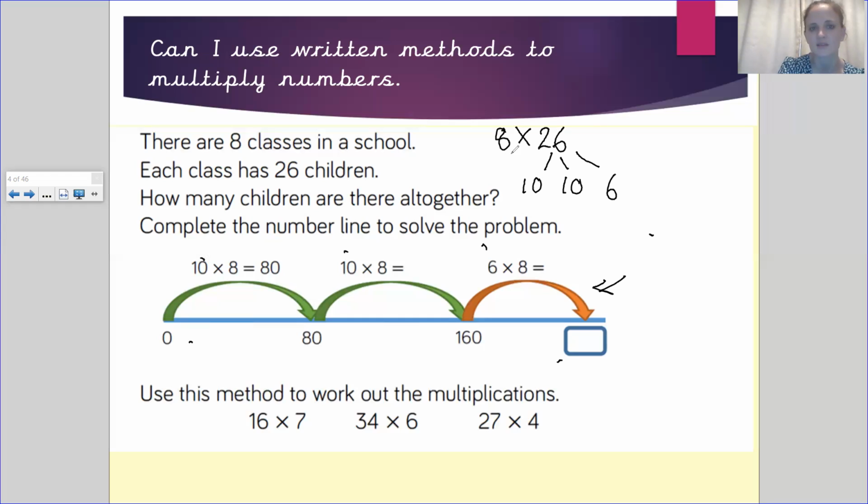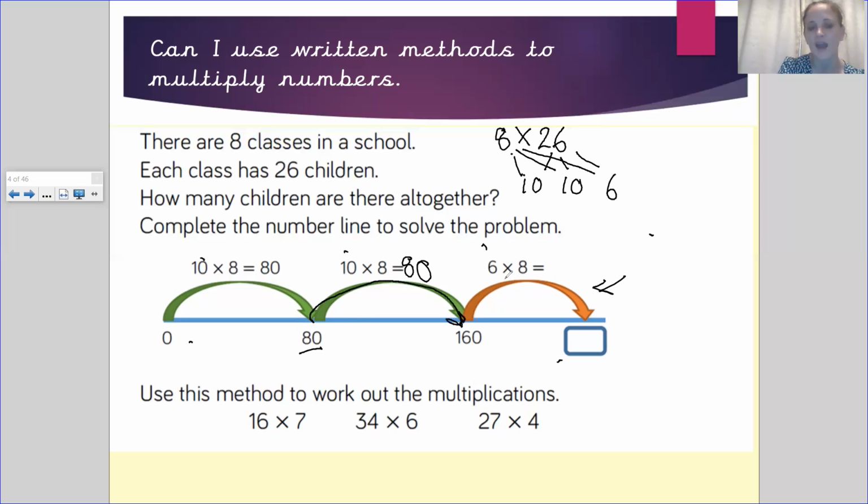And then they've gone 8 times 10, 8 times 10, and 8 times 6. So I know that 8 times 10 gives me 80, plus another 80 from 8 times 10, because that is also 80. So I'm going to count on from 80. I'm going to add on another 80. It'll take me to 160.